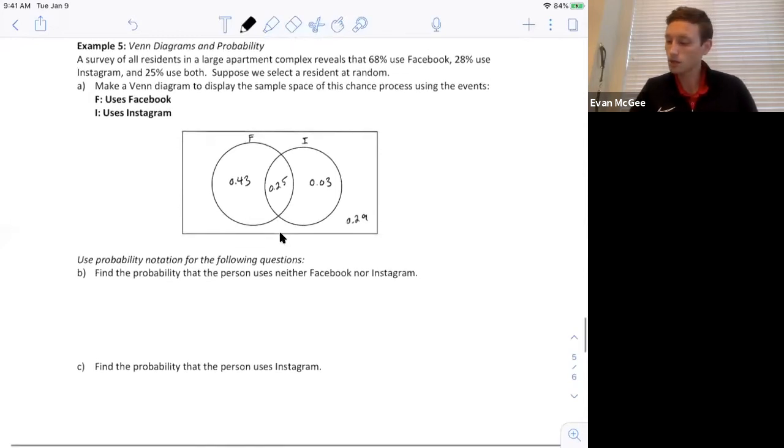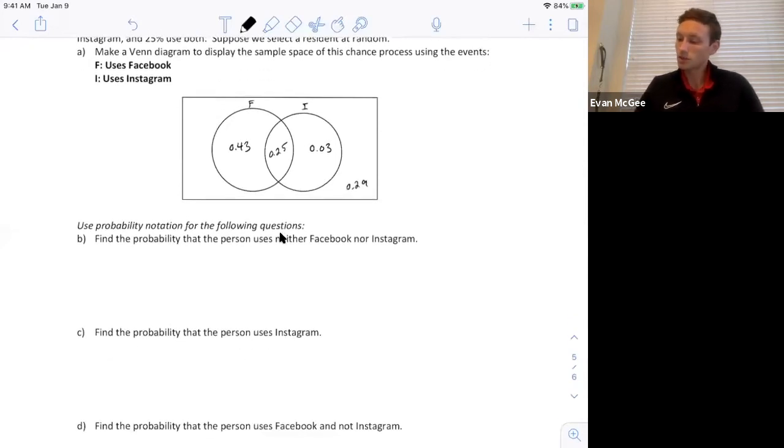And they want us to find the probability that the person uses neither Facebook nor Instagram. So I've said that I want you to use probability notation here because I want you to get used to the notation. So this written out would be neither Facebook nor Instagram. The probability of not F and not I. And like we showed, that's going to be whoever is on the outside.